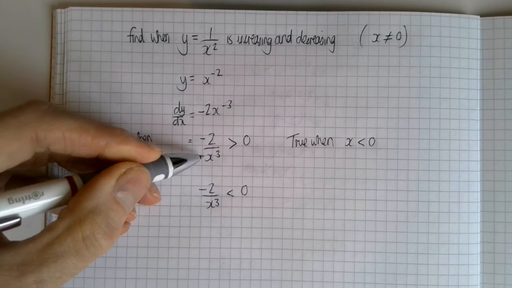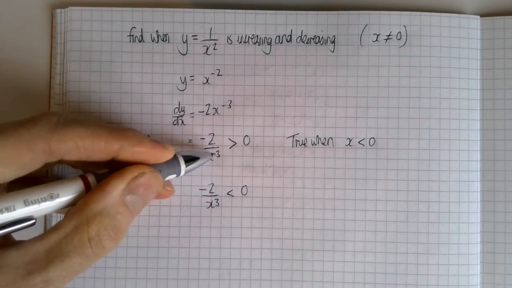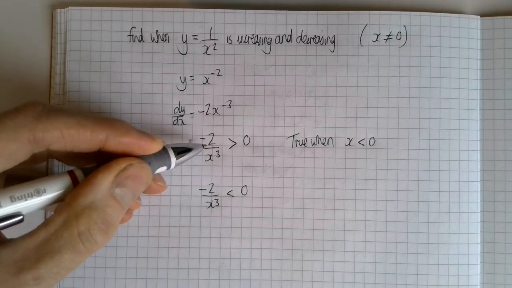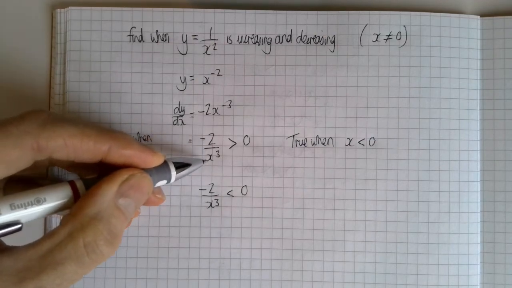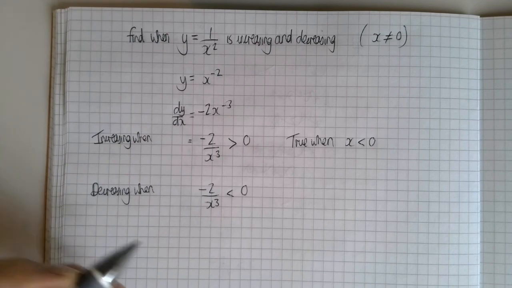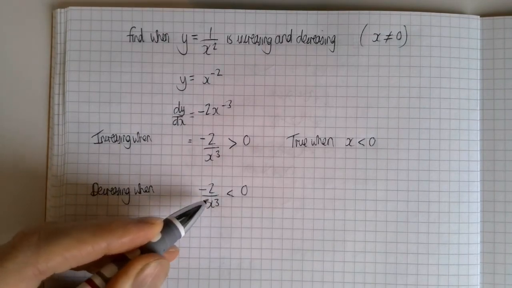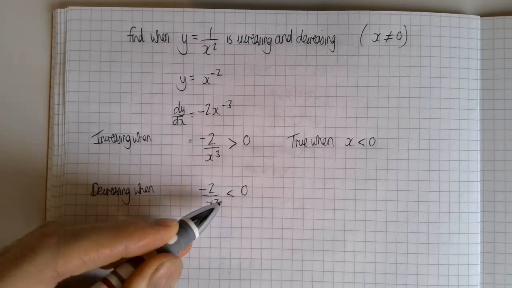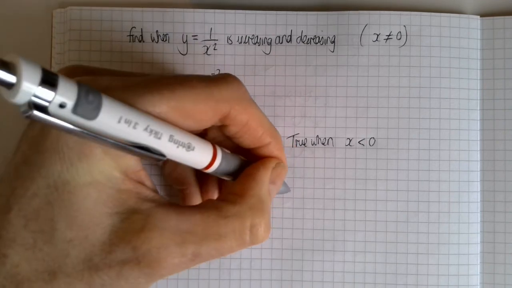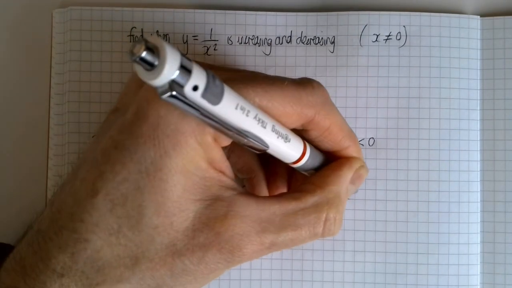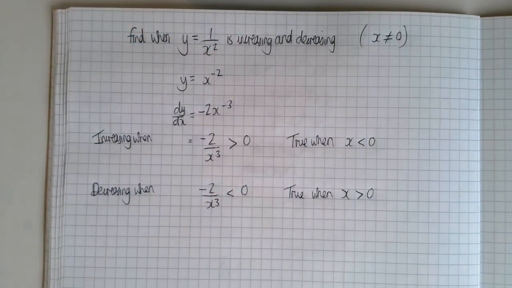So when x is less than 0, x cubed will be negative as well, and therefore you'd have a negative divided by a negative, which is positive. This will be true when x is positive, because you'd have a negative divided by a positive, which is negative, which is less than 0. So that's true when x is positive.